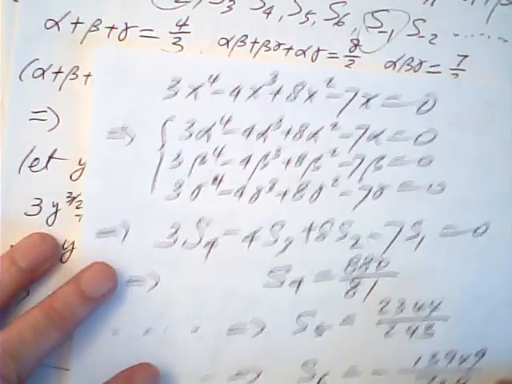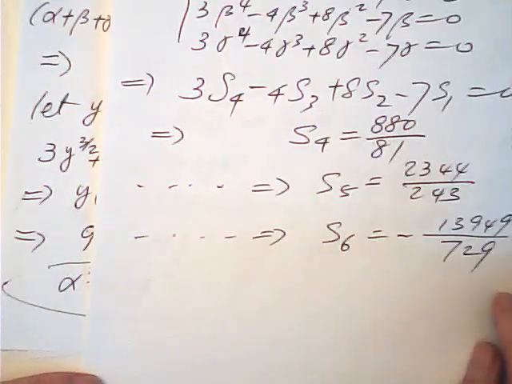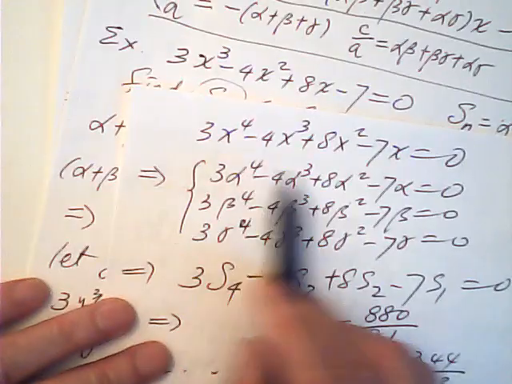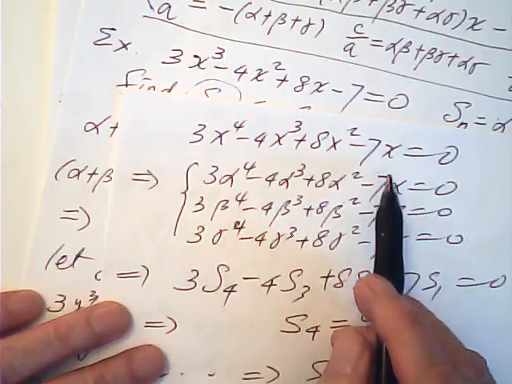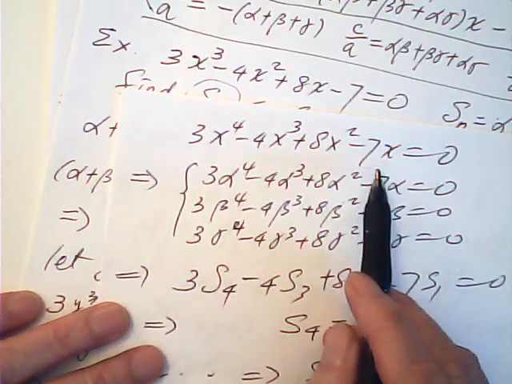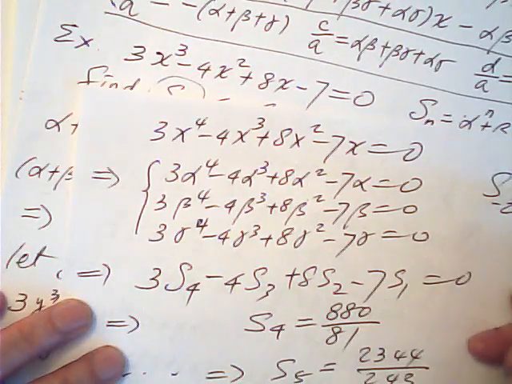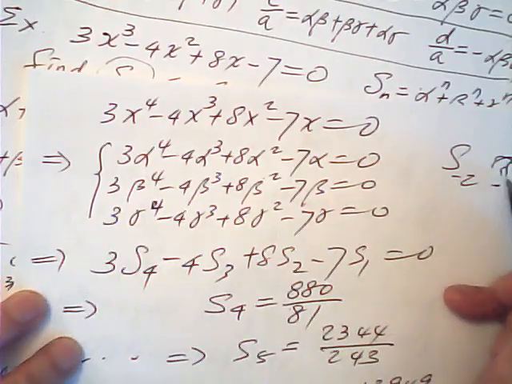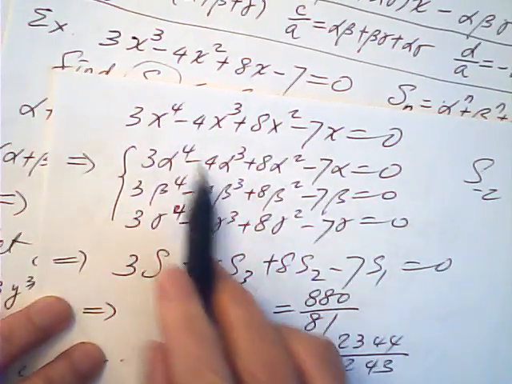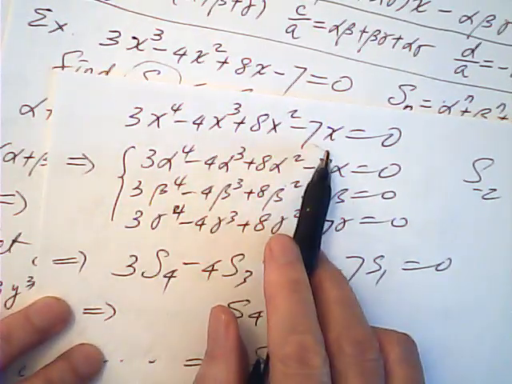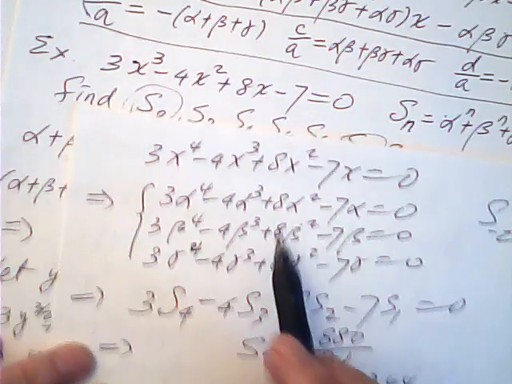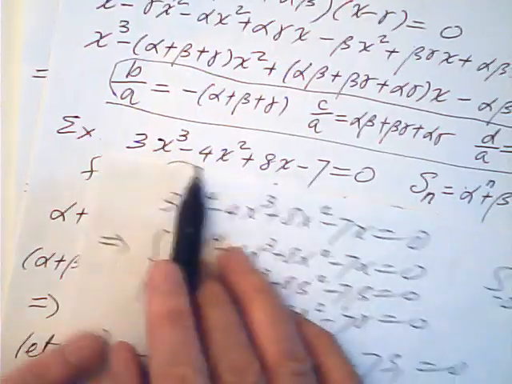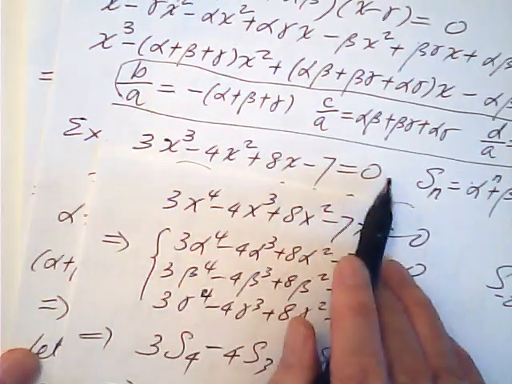Now, how about S negative 2? For this, you can play whatever you want. If I want S negative 2, I simply divide this equation by x squared on both sides, right?